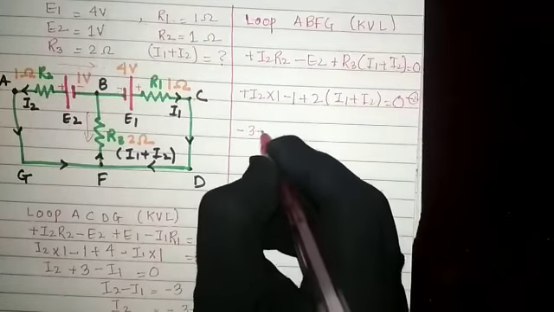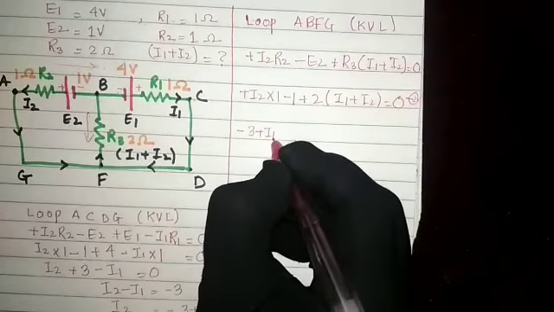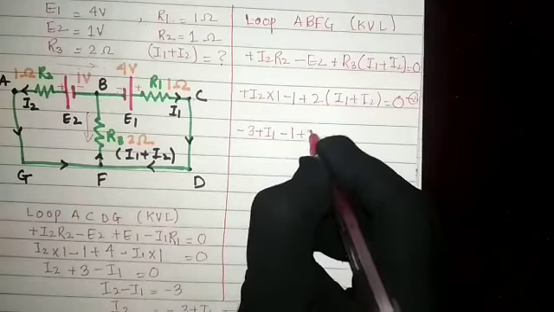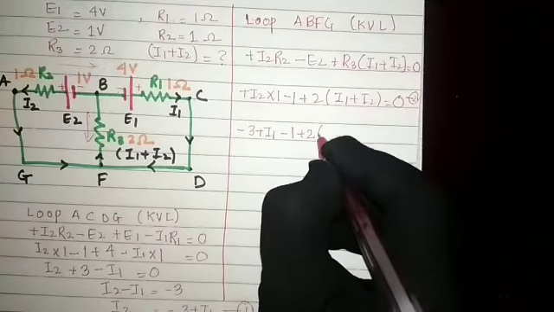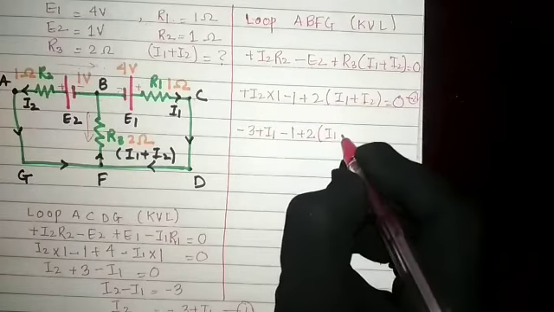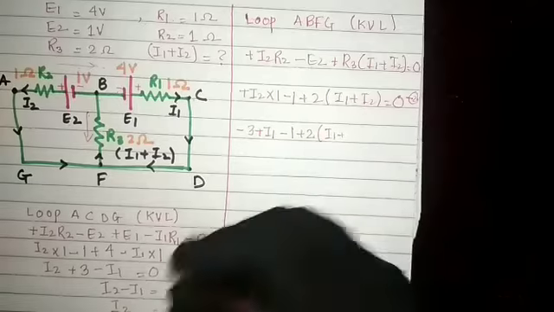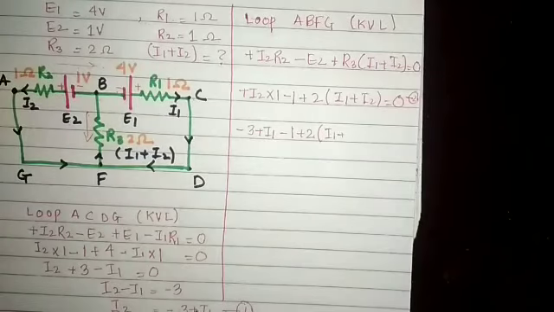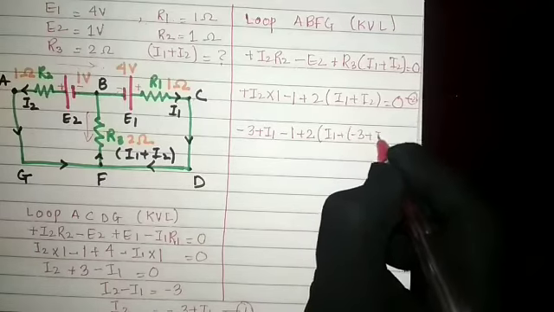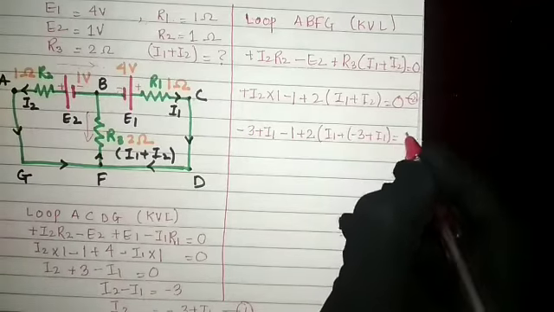So equation 2 will become minus 3 plus I1, then minus 1 will be as it is, plus 2 will be as it is. In the bracket, I1 will be as it is. Instead of writing I2, we write from equation number 1, that is minus 3 plus I1. So minus 3 plus I1 is equal to 0.